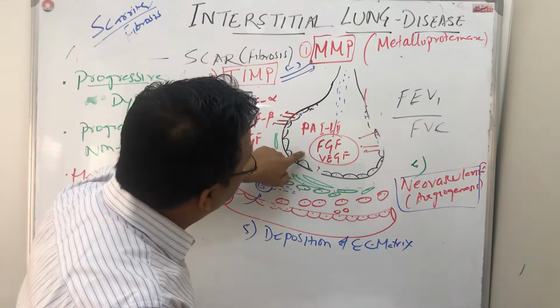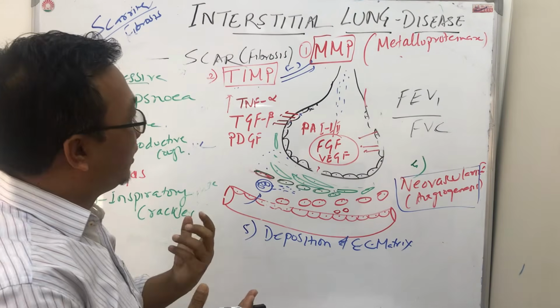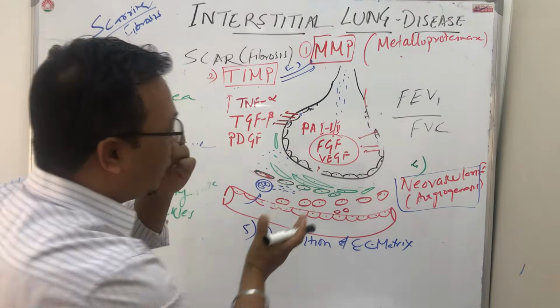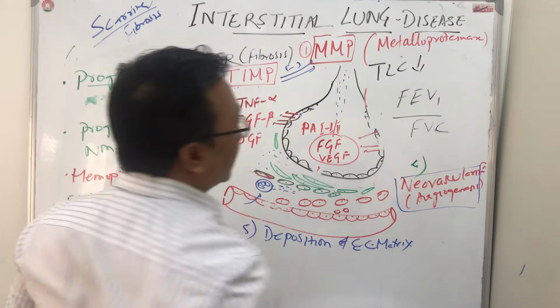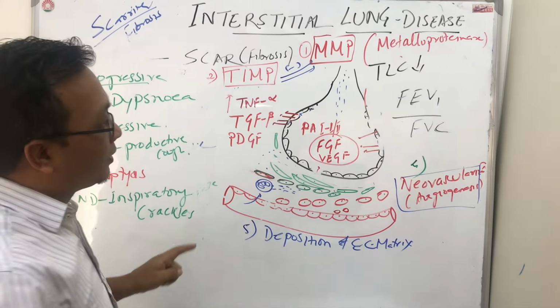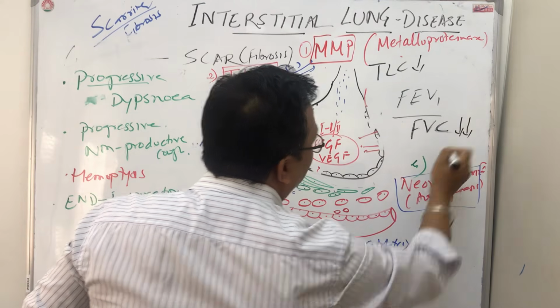But FVC, because we are not able to take air in because of restriction of this space, total lung capacity is decreased in the spirometry test, and forced vital capacity, FVC, will be significantly decreased.